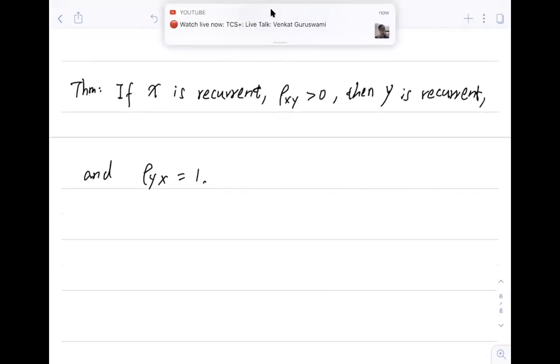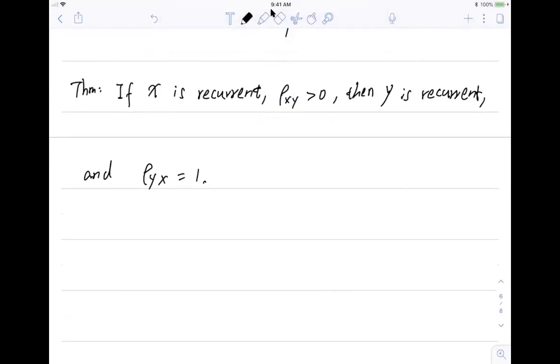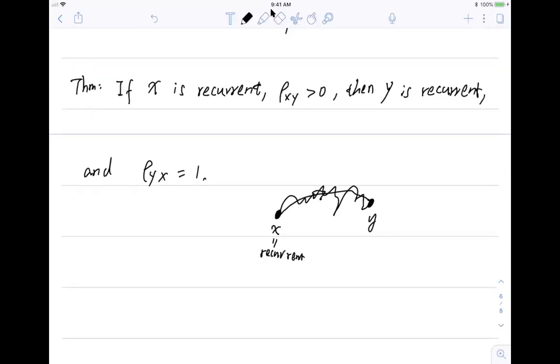So what does this say? First, you have a state x, and we have a state y. If a priori we know x is recurrent, and we know x can reach y, so there's a certain path from x to y, so rho x y is bigger than 0, then we can show y is also recurrent.